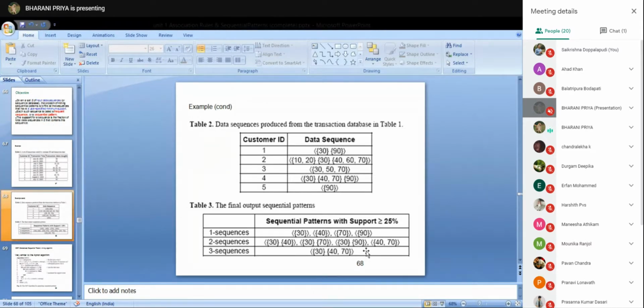No, ma'am. Why? It's only coming once in transaction 4. Even though 30, 40, 90 is there as a sequential pattern, 40, 30, 90 is not there. You need to see the sequence. Remember that. Okay, ma'am.